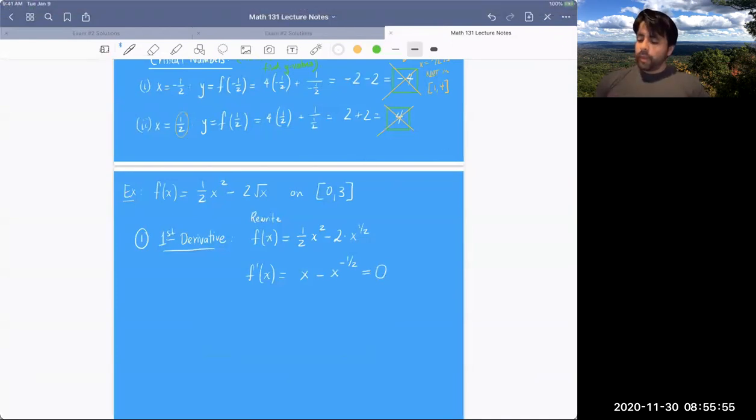Well, I can rewrite this as x minus 1 over the square root of x equals 0. And then what? Well, there's several things I can do here. I can rewrite this as x equals 1 over the square root of x.